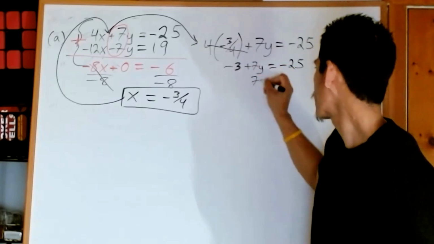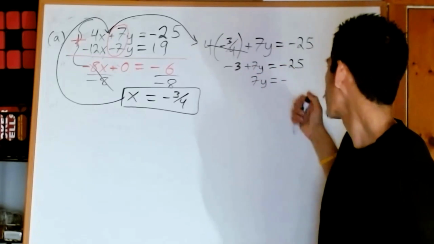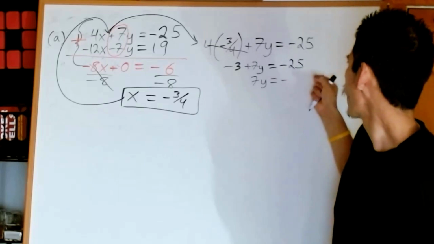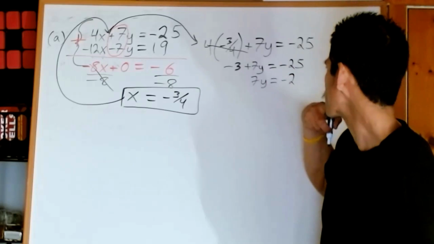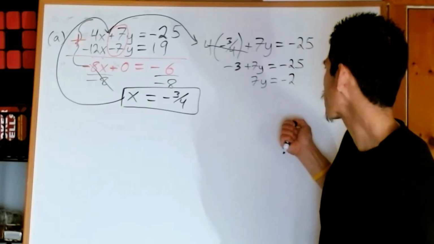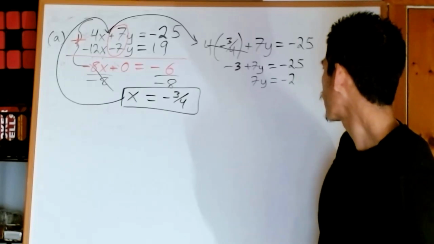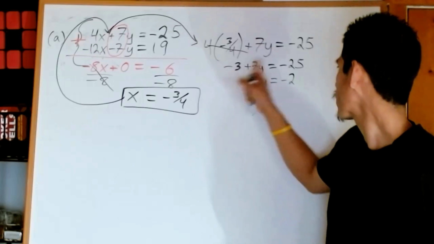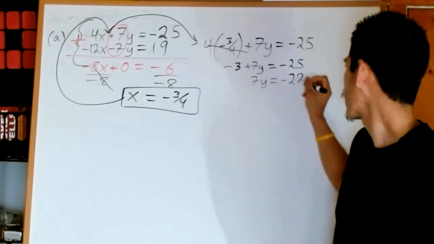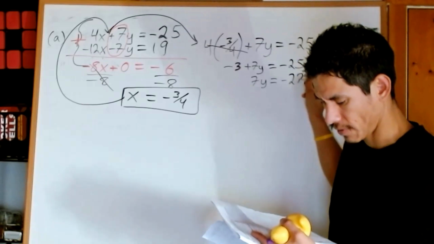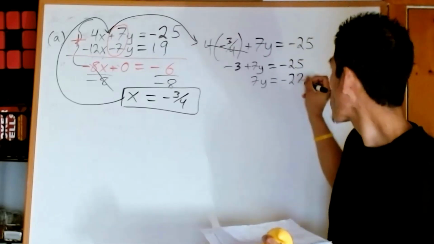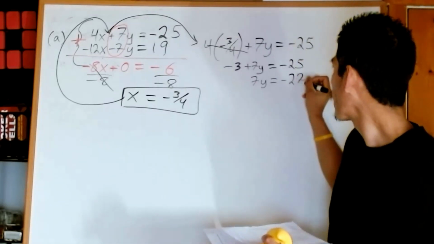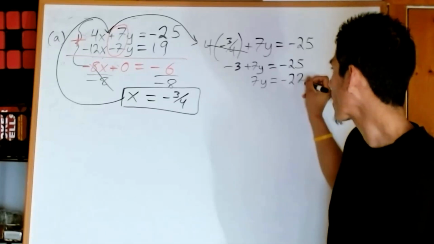Add 3, 7y equals negative 22. Or no, negative. That doesn't seem right. Negative 3/4. Negative 3 plus the negative 20. Negative 22.